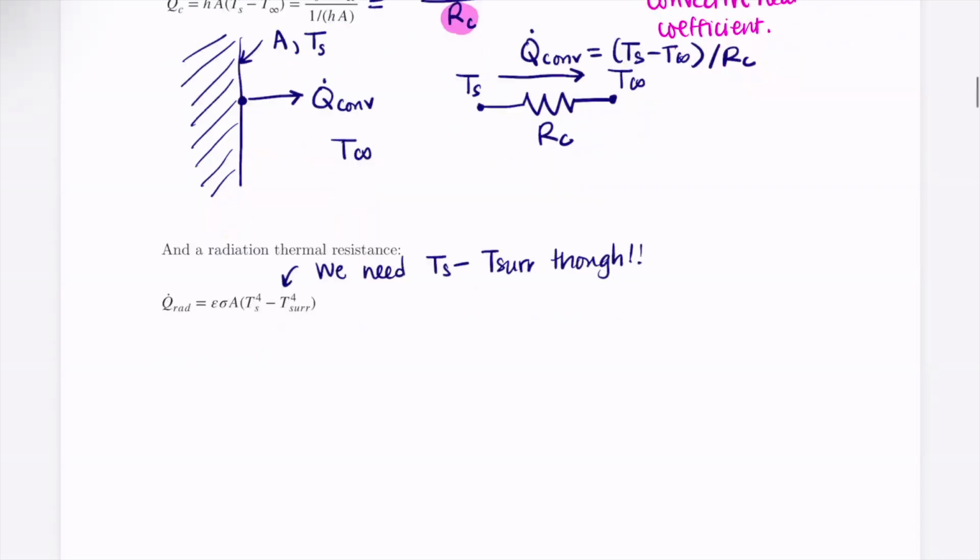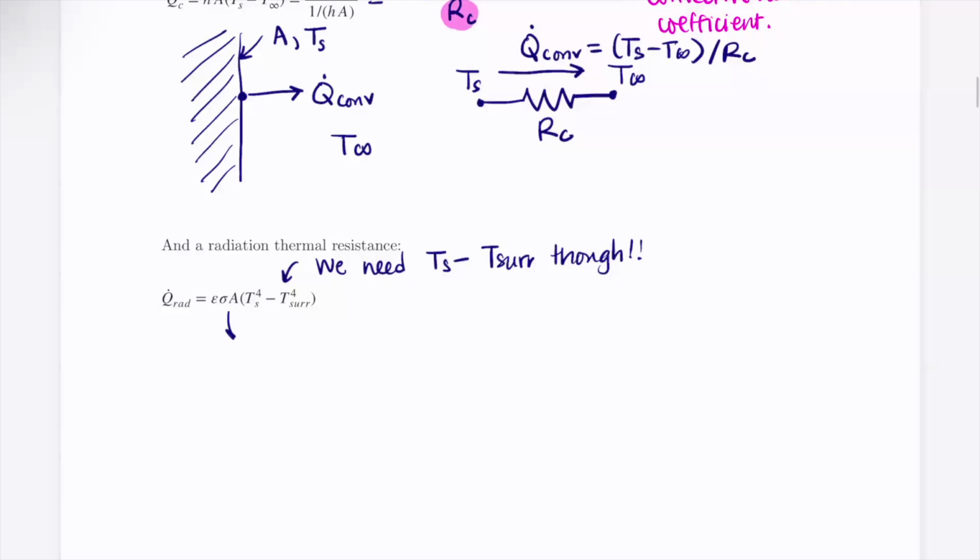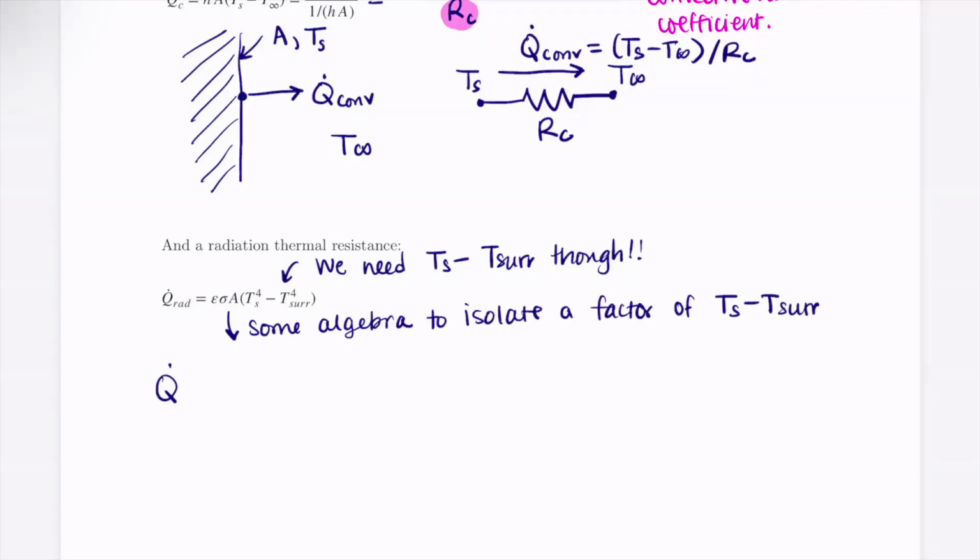Okay. So when we do some algebra to isolate a factor of Ts minus T surroundings, what we get is that Q dot for radiation is equal to epsilon times sigma times the area times Ts squared plus T surroundings squared times Ts squared minus T surroundings squared.